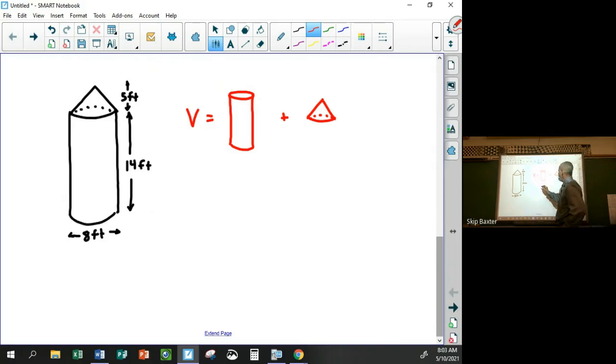So what's the volume of the cylinder? Pi r squared times height. So this would be pi times 4 squared times 14. And the volume of a cone is 1/3 pi r squared h. So this would be 1/3 pi times 4 squared, same radius as the cylinder, but different height. It's 5, right?